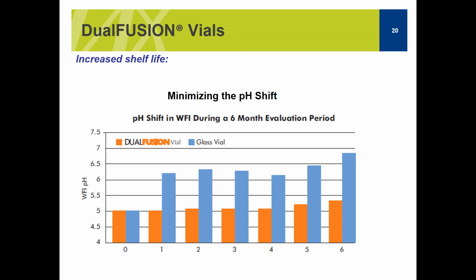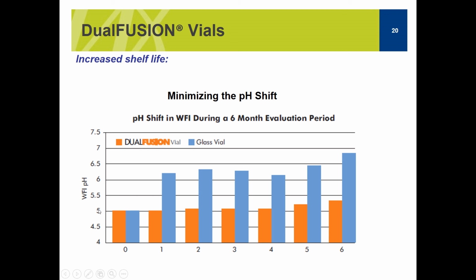Okay. Number two is, as we discussed, if you have a basic pH, you're going to have the H leaving the solution and going into the glass matrix, and then you're going to have a pH shift. In this experiment, they put WFI water in and let it sit for 6 months, and then they measured the pH of the water.